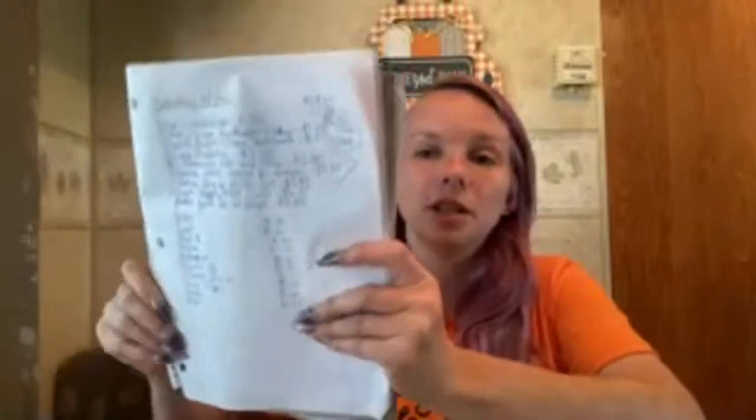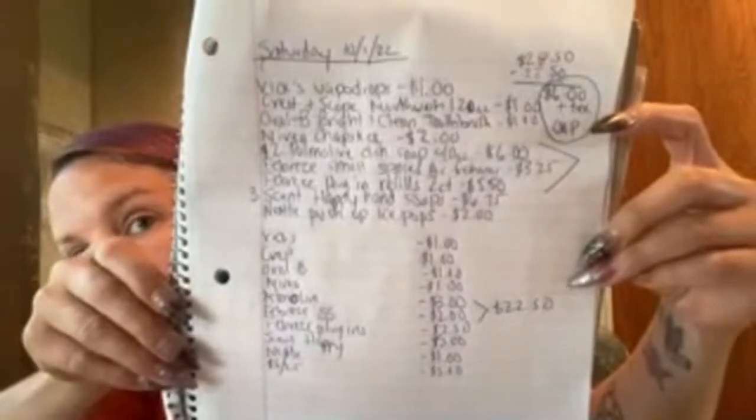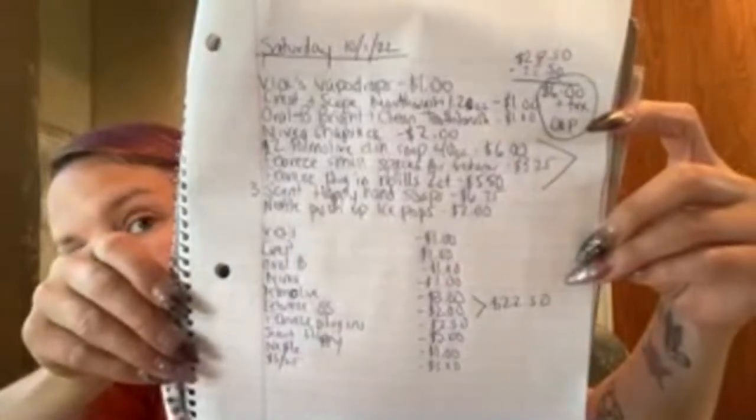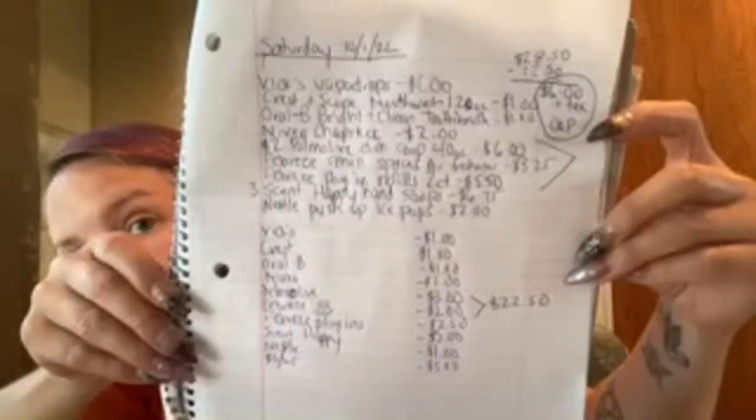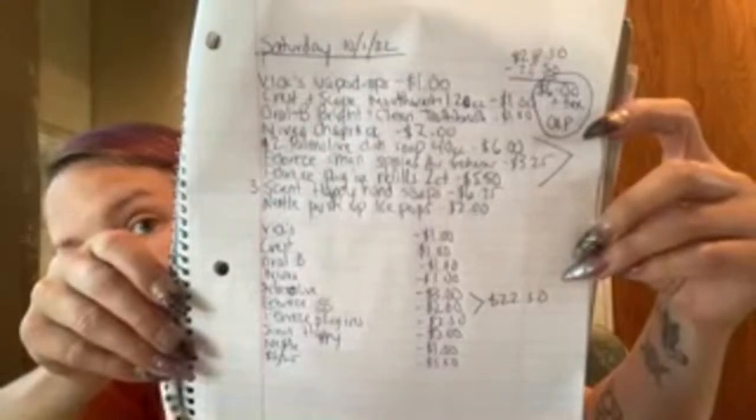And I can hold this up longer if you guys want to maybe screenshot it. Yes, definitely less than 50 cents per item. And that's awesome. And for $6, you're basically just paying for both of the dish soaps and you're getting everything else for free.